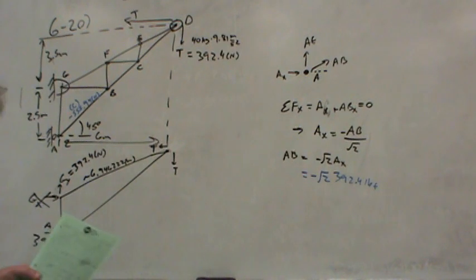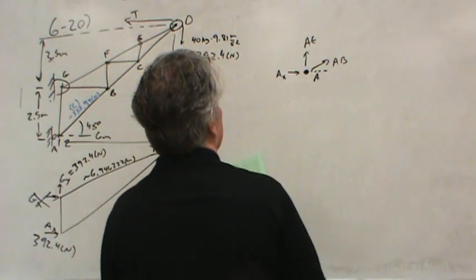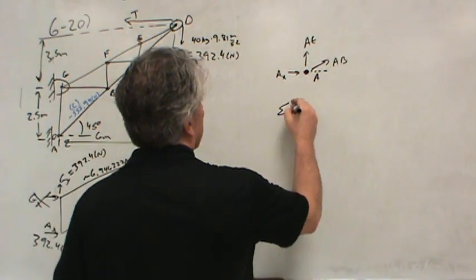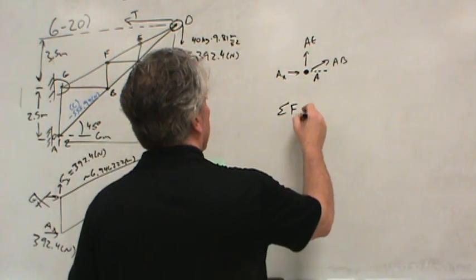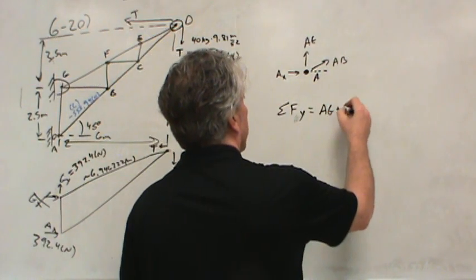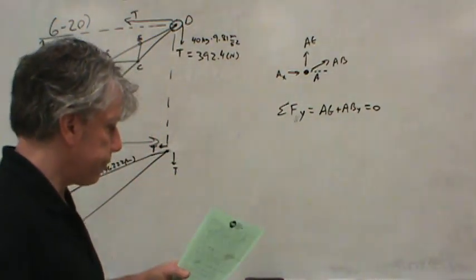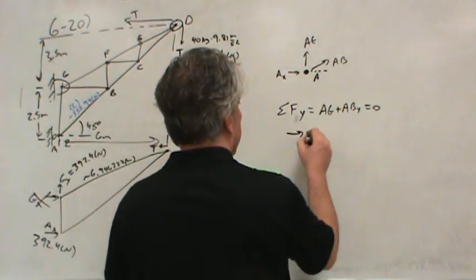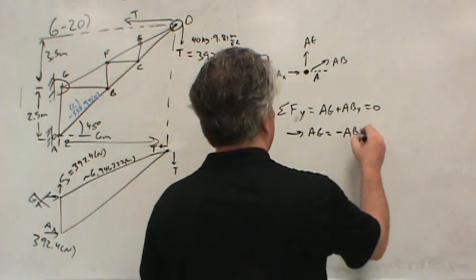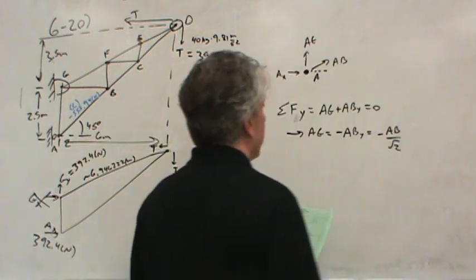Okay, fine. Now what about if we sum forces in the vertical direction? Summing forces in the vertical direction, the Y direction, we have AG plus ABY equals 0. That's it. There's nothing else. Rearranging this just a bit, AG is equal to the negative of ABY, which would be equal to negative AB over root 2.